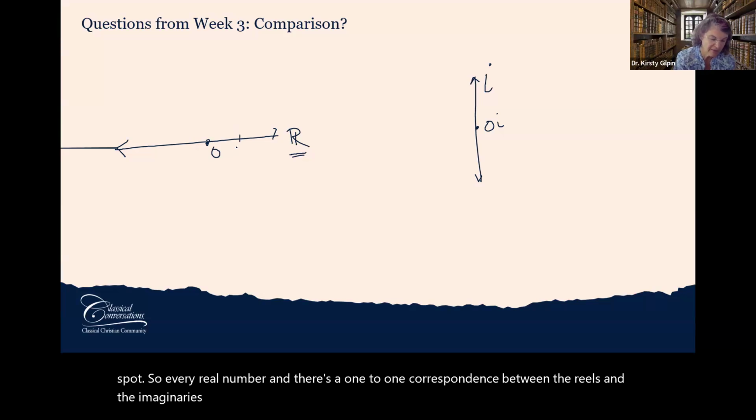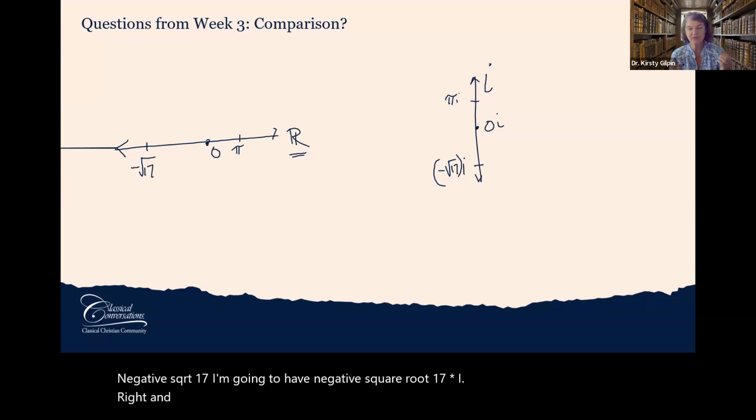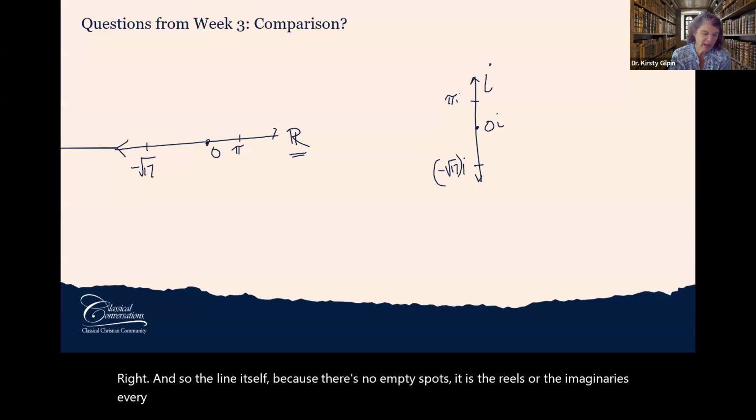So if I have pi, I also have pi i. And if I had negative square root of 17, I'm going to have negative square root of 17 times i, right? And so the line itself, because there's no empty spots, is the reals or the imaginaries. Every single one makes up that line.